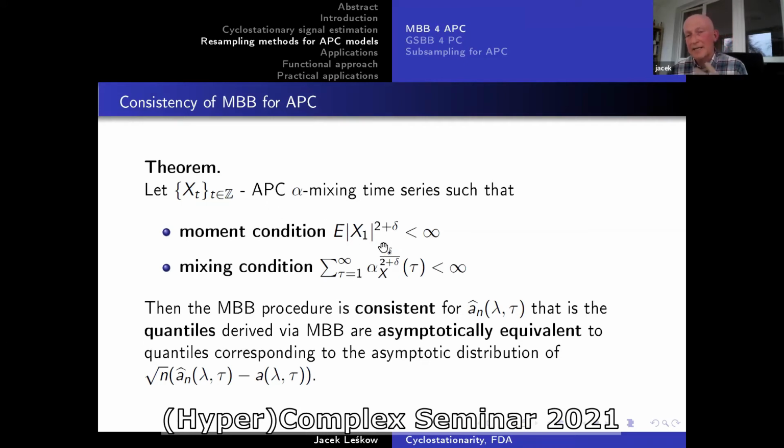Now, with a slightly more restrictive moment condition, we assume that the moments of order 2 plus delta are bounded, and we have a faster decline to zero of the alpha function. That's why we call it the alpha-mixing condition, the alpha function that controls the dependence of the data. If this is true, then the MBB procedure is consistent.